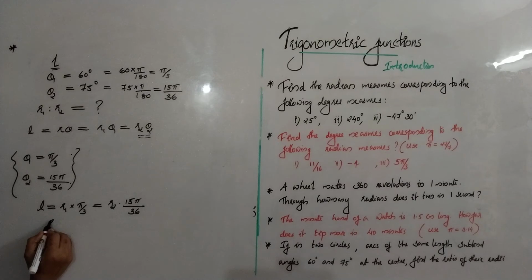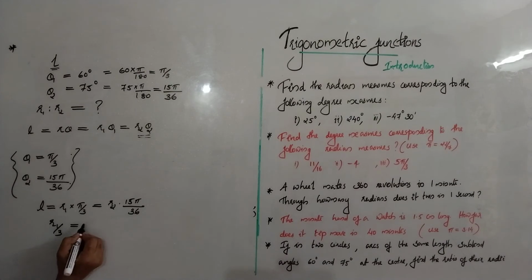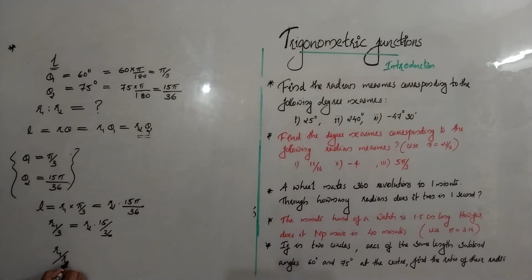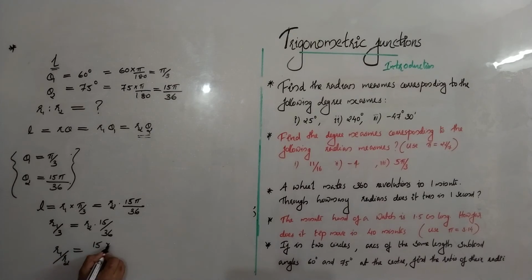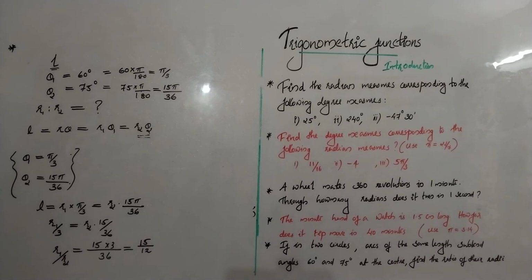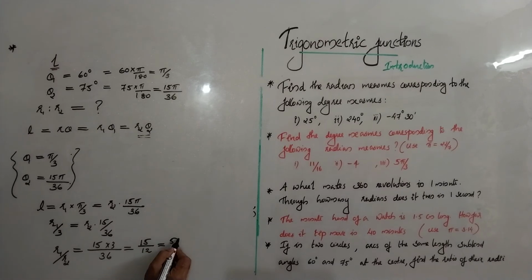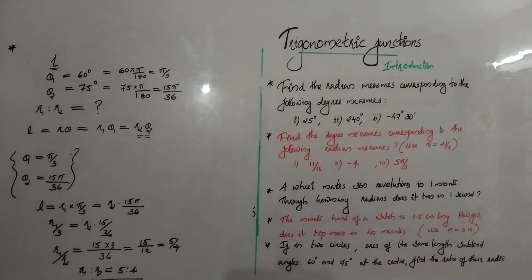Pi will cancel, then R1 by 3 is equal to R2 into 15 by 36, or R1 by R2 is equal to 15 into 3 divided by 36, that is 15 by 12, which is equal to 5 by 4, or R1 is to R2 is equal to 5 is to 4. So the ratio of the radii is R1 is to R2 is equal to 5 is to 4. Thank you.